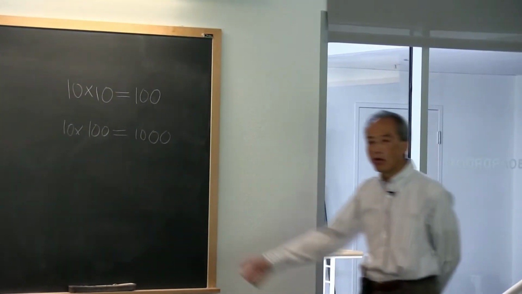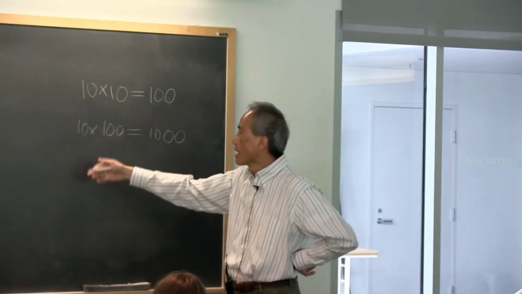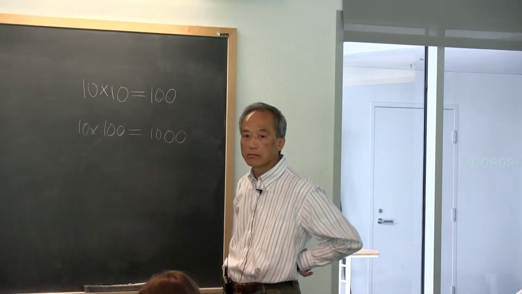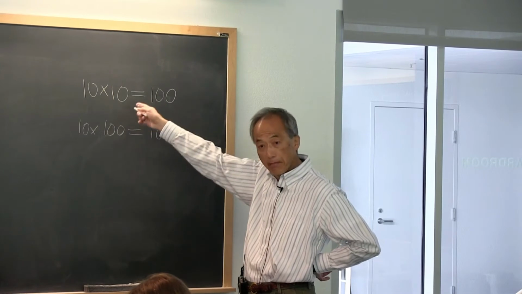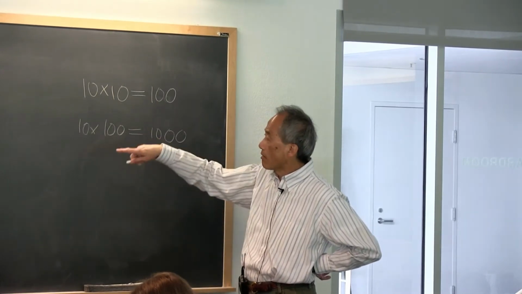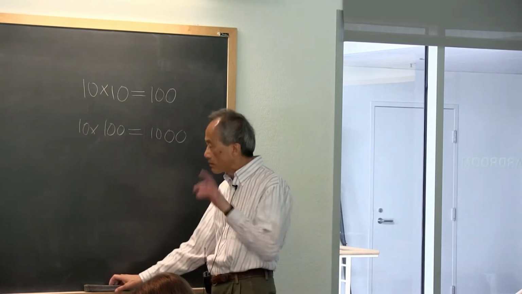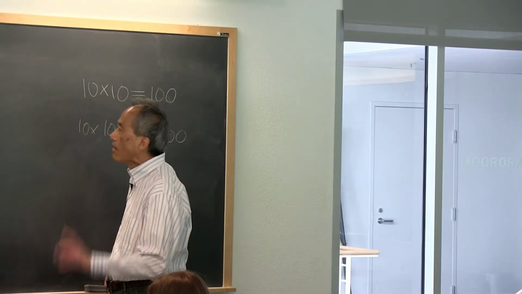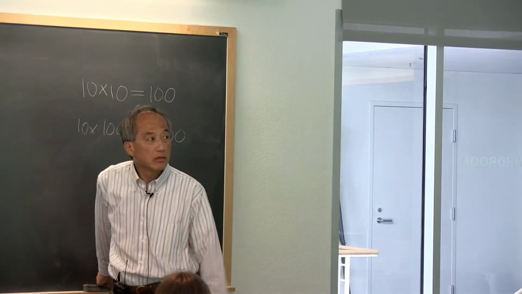Of course, you go on, exactly the same way: 10 times 1,000 is 10,000, and so on. So that's the reason. So now to go back to our original problem, we have to do something a little bit more.